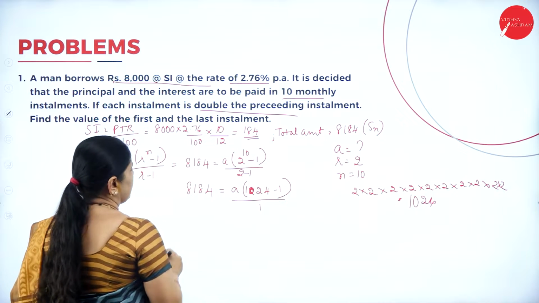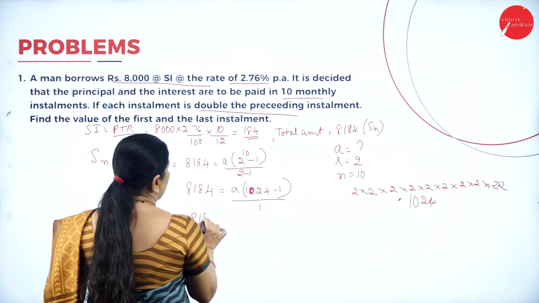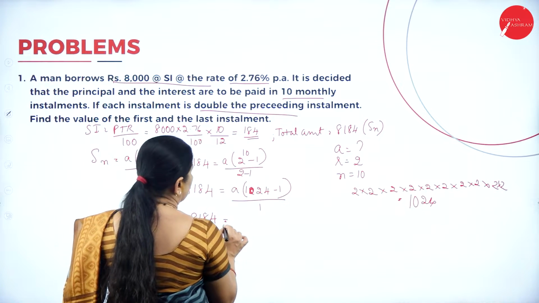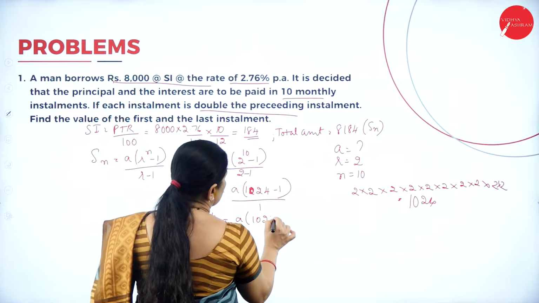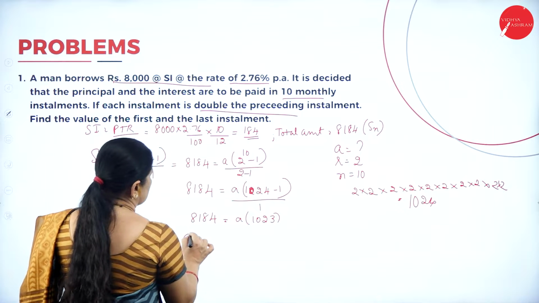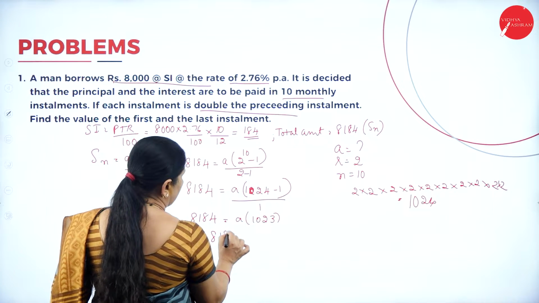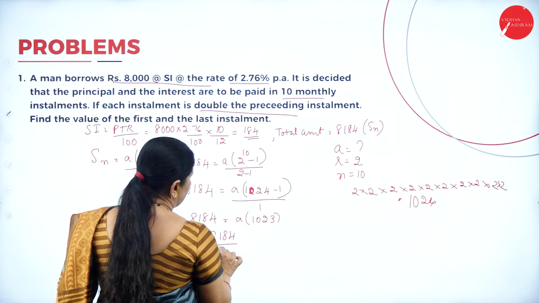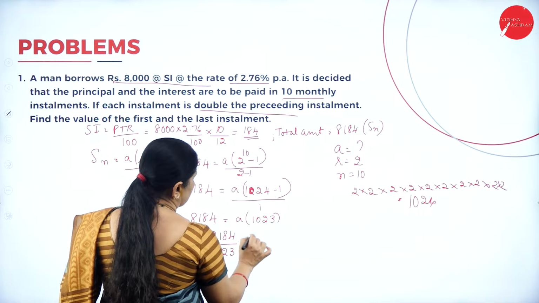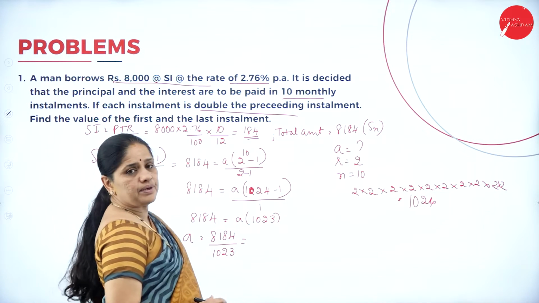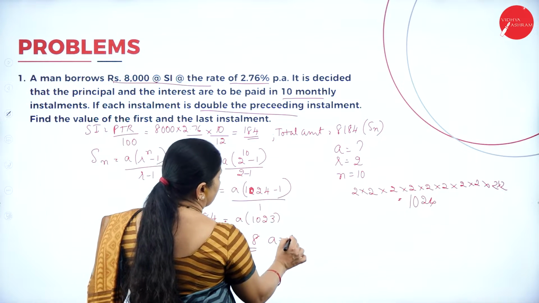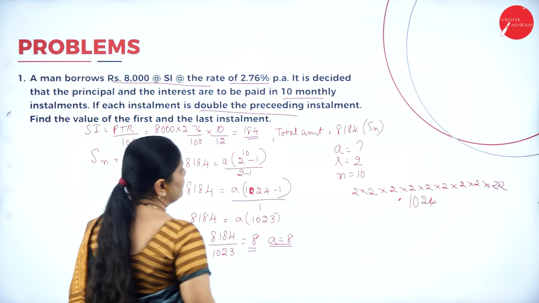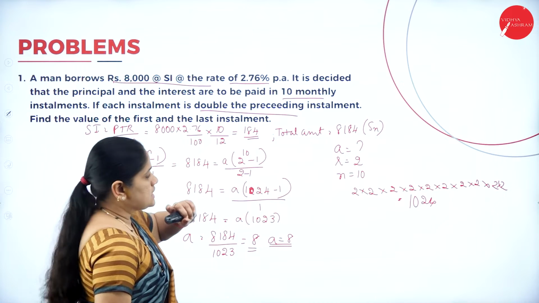So, 8184 equals A into 1023. So, A will be 8184 divided by 1023. When we simplify this, I get it as 8 rupees. So, A equals 8.